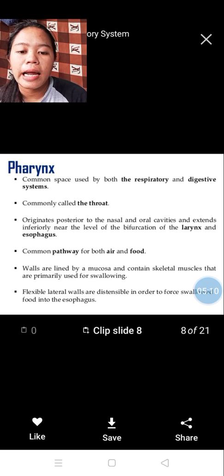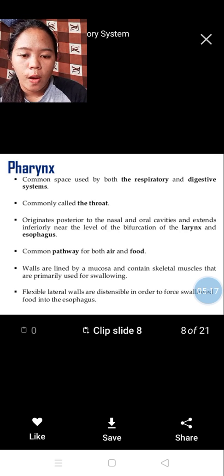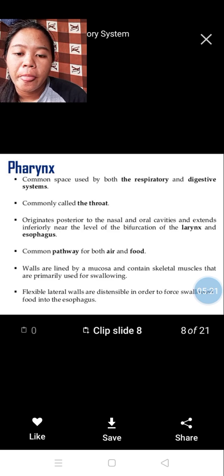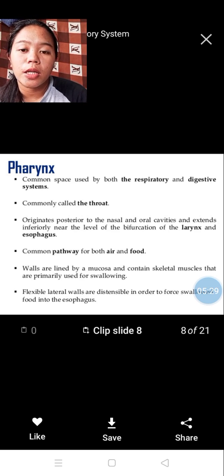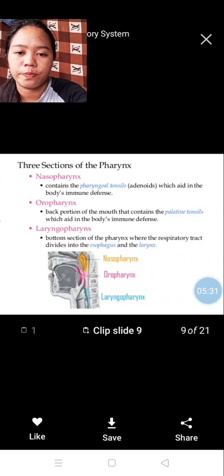The walls are lined by a mucosa and contain skeletal muscle that is primarily used for swallowing. The flexible lateral walls are distensible in order for swallowing food into the esophagus.